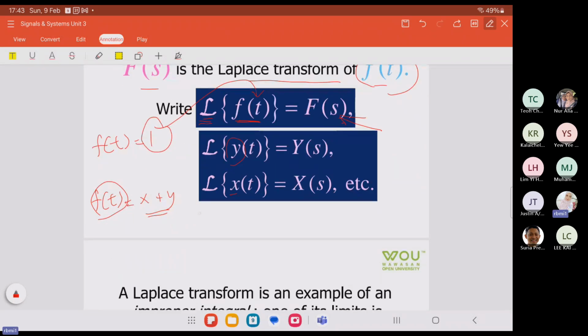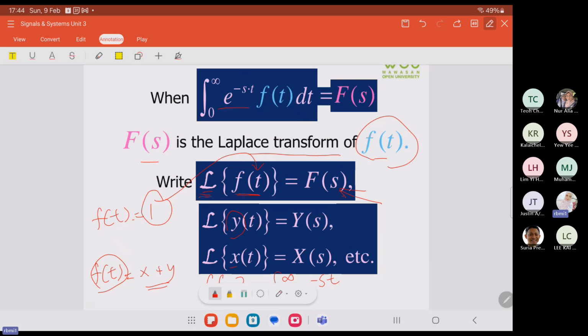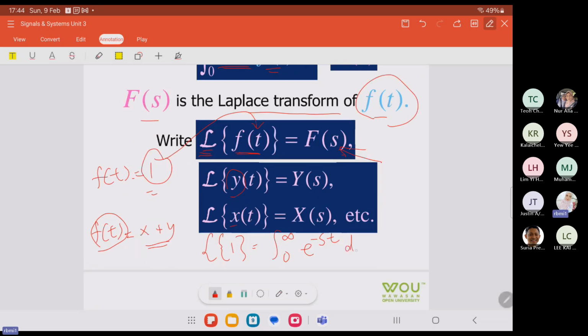For example, if we want to convert the function 1 from 0 to infinity, we use the original formula, the integral of e to the minus st with the function f(t), and here our f(t) is equal to 1, over dt.